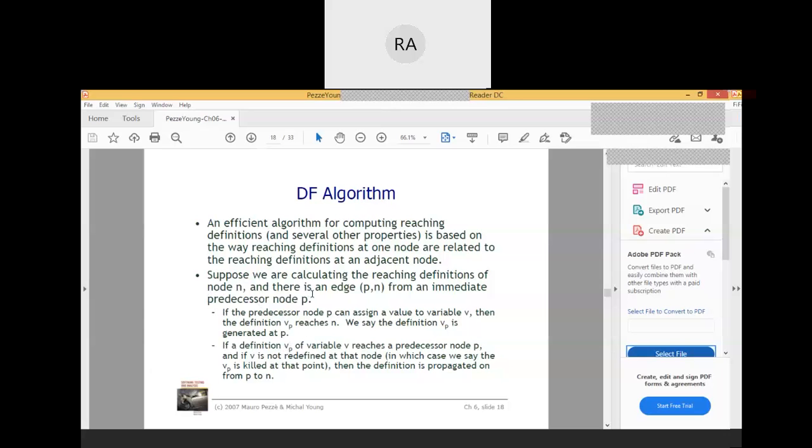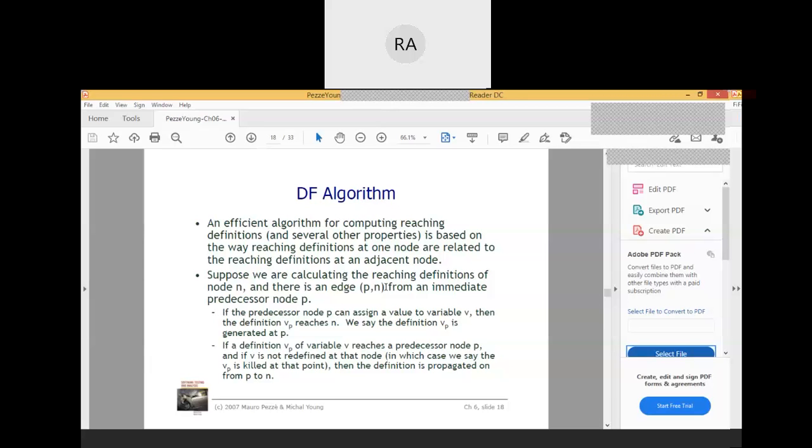If there is an edge from the immediate predecessor node p to n, and I can assign a value to variable v at a predecessor node p, what does predecessor mean? You have already studied this.